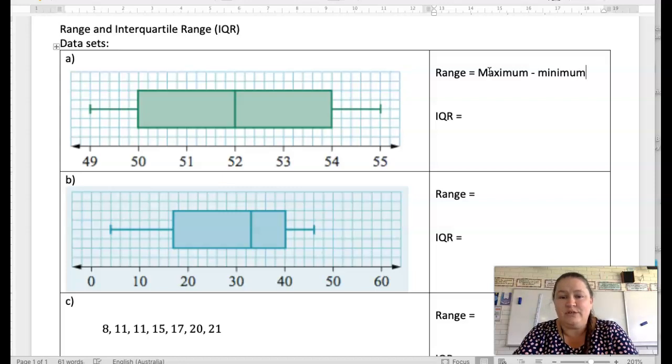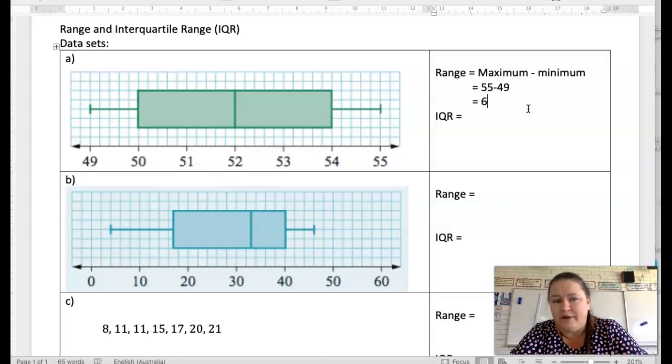For this first one, the maximum is pretty easy to see, it's 55, at the very end point. The minimum is 49. So to find the range, we subtract those, which leaves a range of 6. From the lowest to the highest, there is a value of 6 between those.